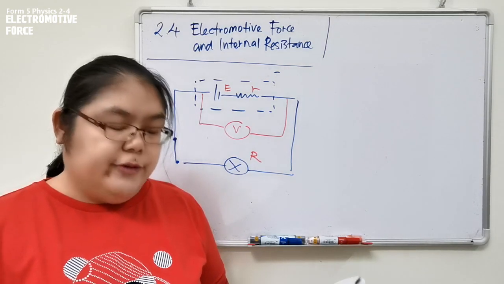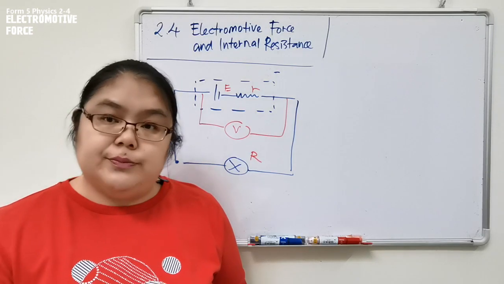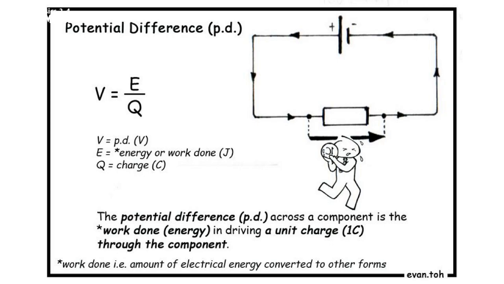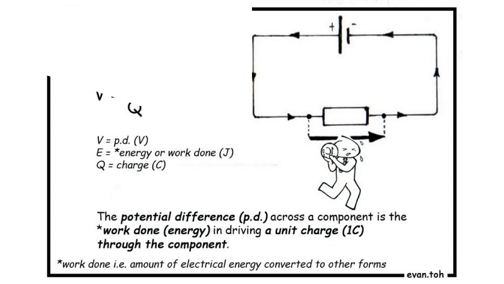First one, the difference is in the definition. Let me show you the diagram. You can see the first one, the potential difference: electrical energy is transformed to other forms of energy when one coulomb of charge flows through a component in the closed circuit, meaning from one point to another point.